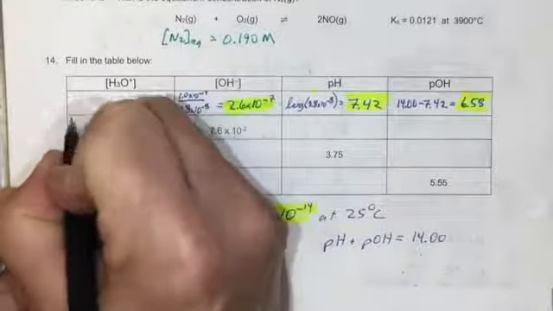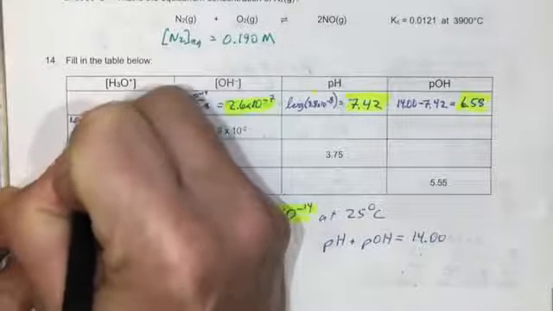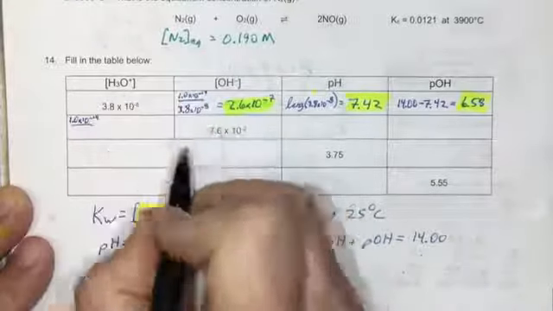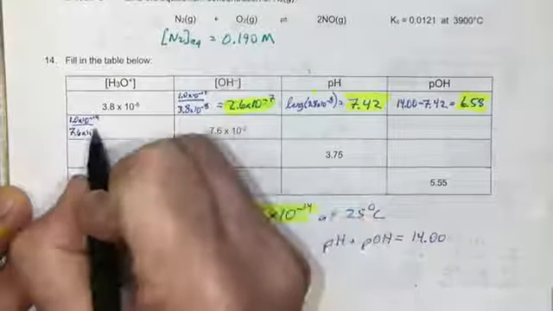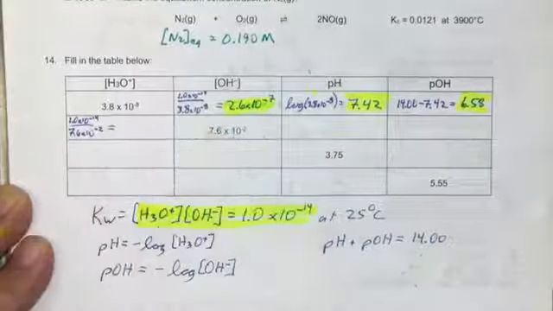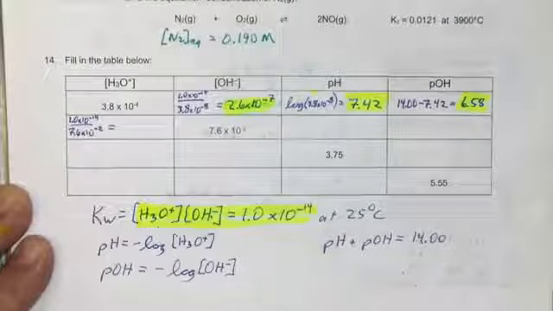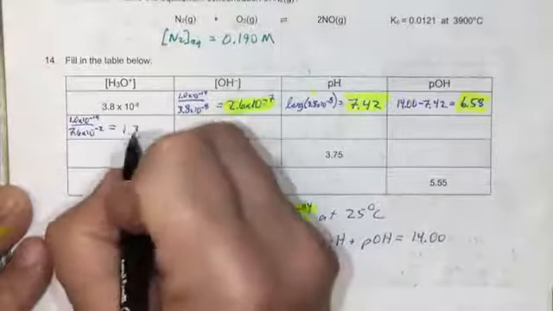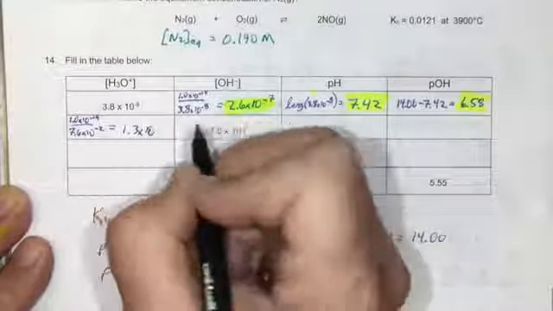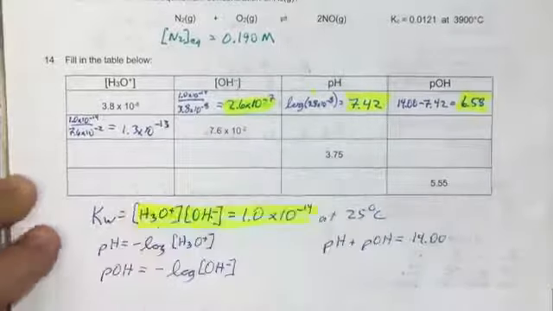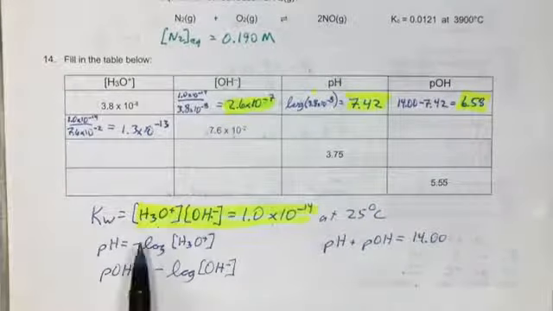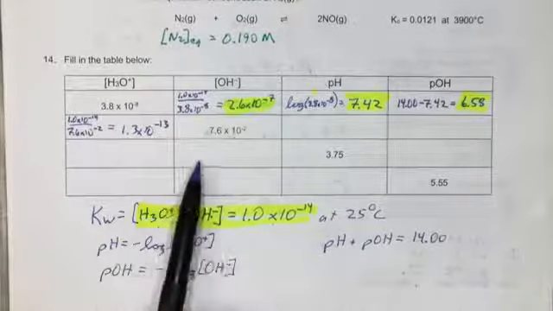It's 1 times 10 to the negative 14 divided by the concentration of hydroxide, 7.6 times 10 to the negative 2. And when you calculate that out, you will get that the hydronium ion concentration is 1.3 times 10 to the negative 13. Okay. That's the hydronium ion concentration.